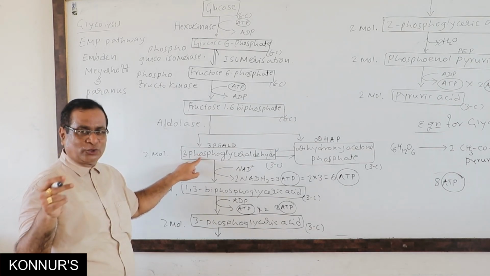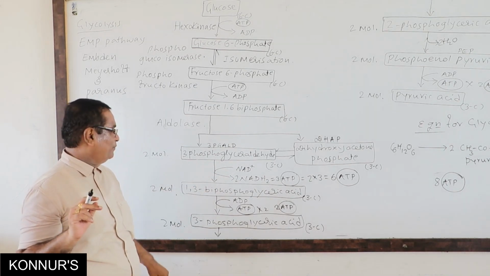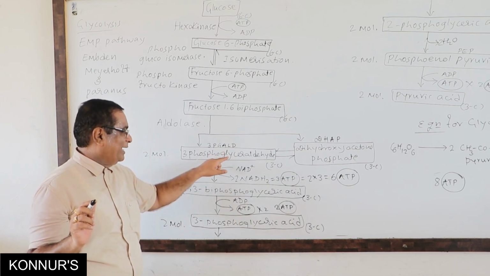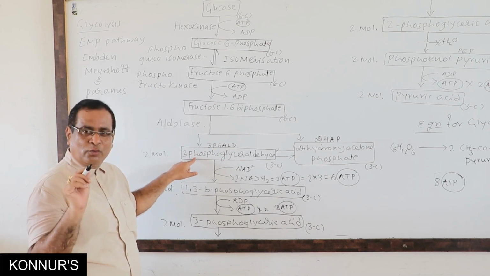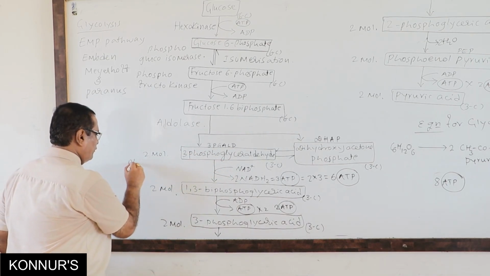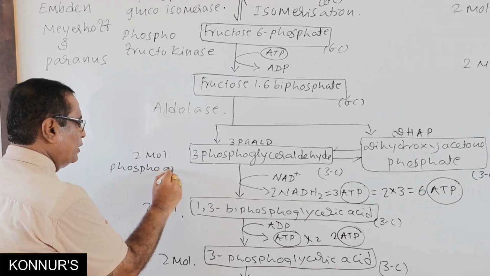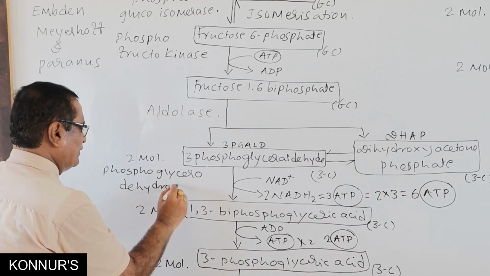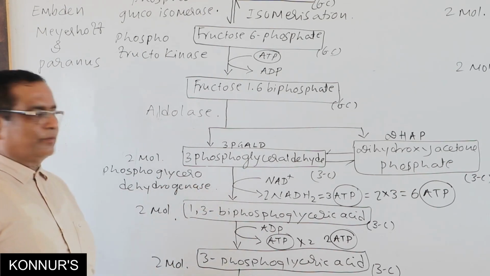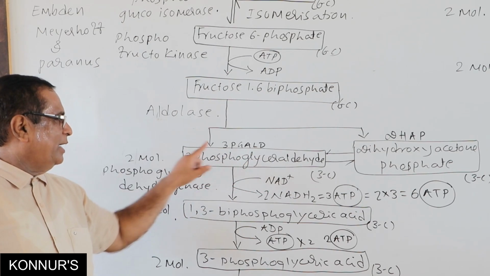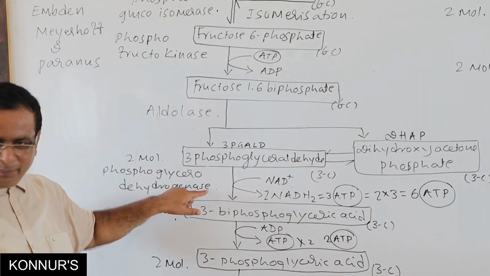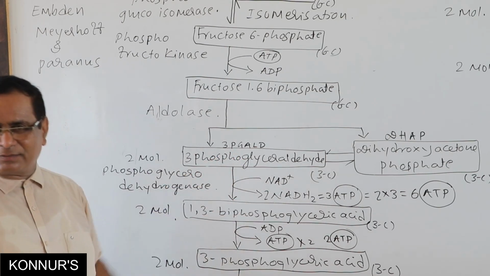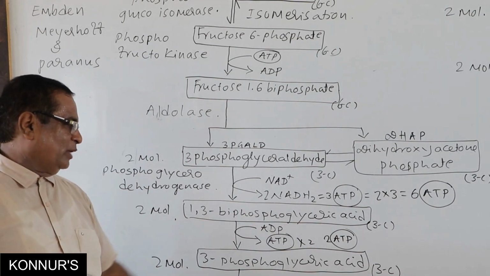As a glyceraldehyde having phosphate undergoes dehydrogenation, the enzyme is phosphoglyceraldehyde dehydrogenase. Now 1,3-biphosphoglyceric acid is formed.